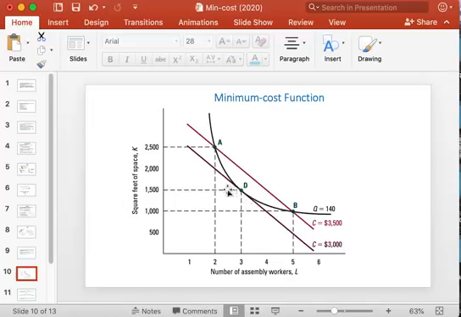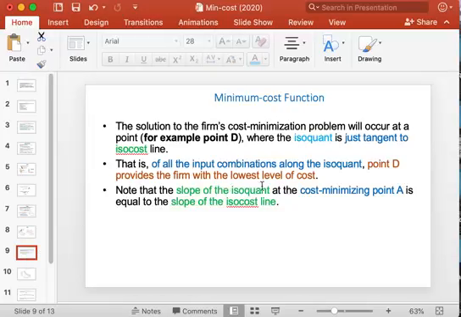So point D provides the lowest level of cost.